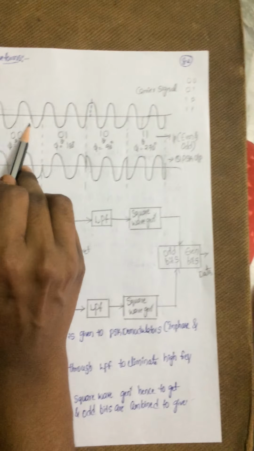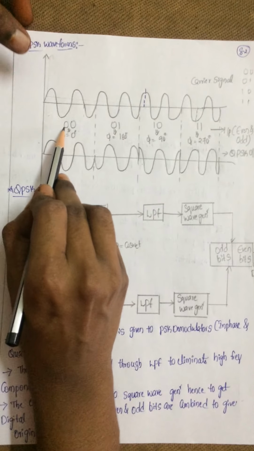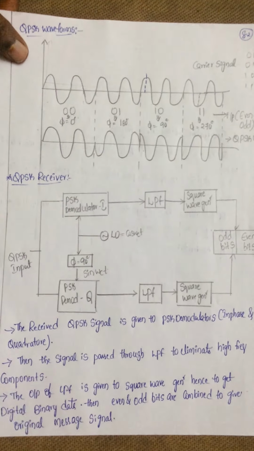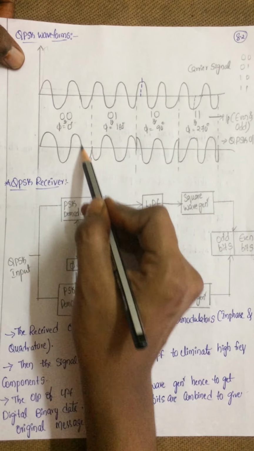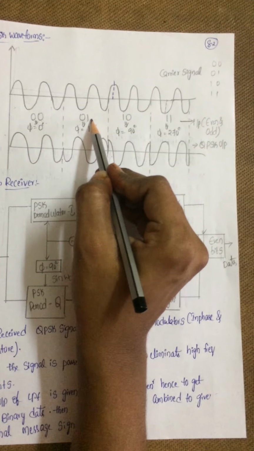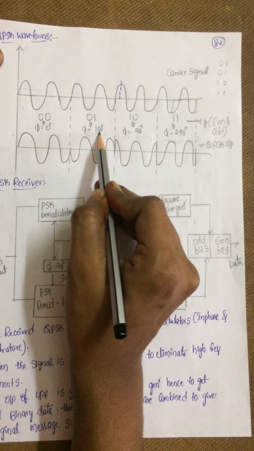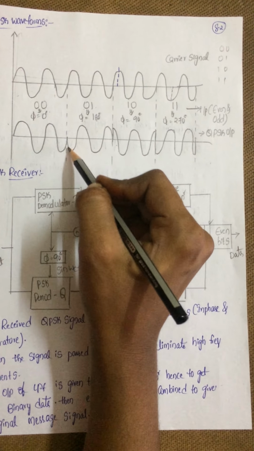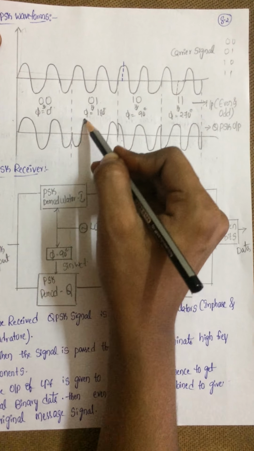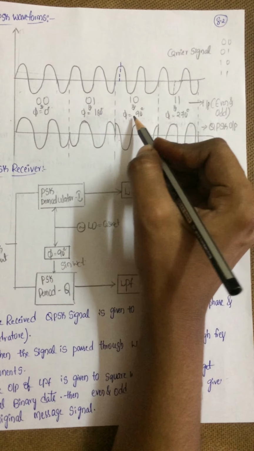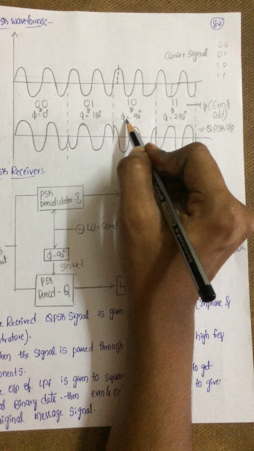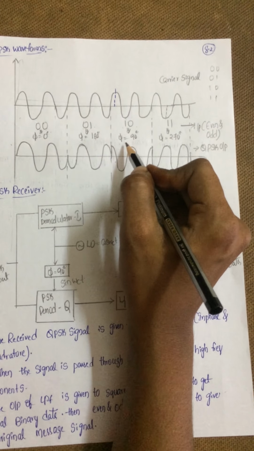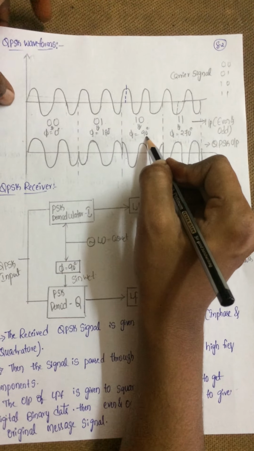For the first 2 cycles, let me take the data as 0, 0. 0, 0 means there is no phase shift, so as it is we have got. When 0, 1 is there, that means the phase is reversed by 180 degrees, so the complete phase shift. Next, when 1, 0 is given, the phase has to be changed by 90 degrees.